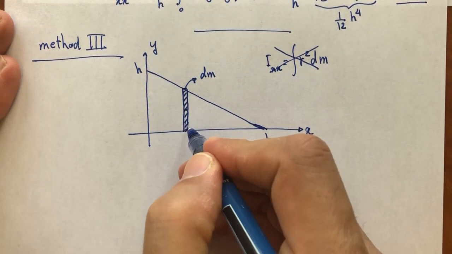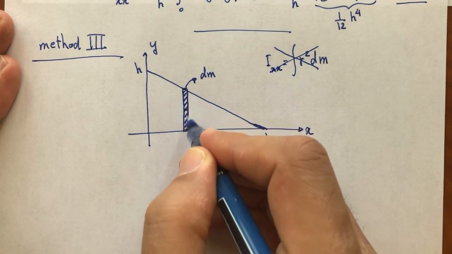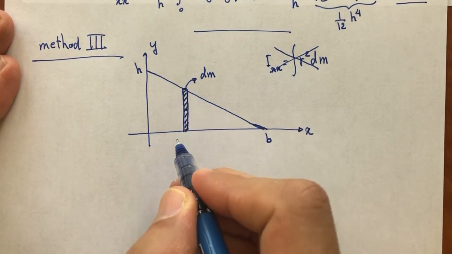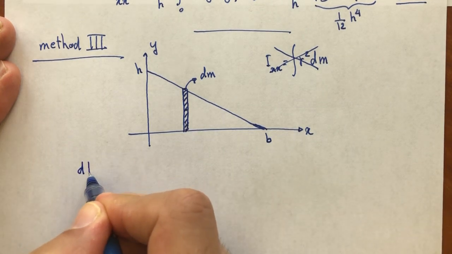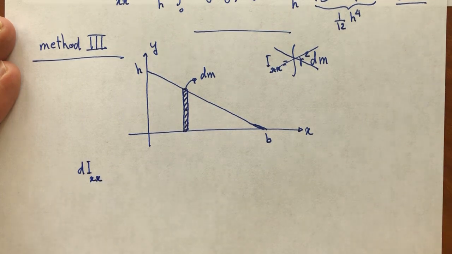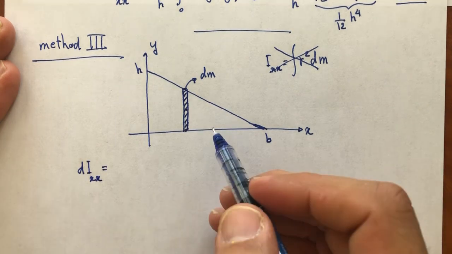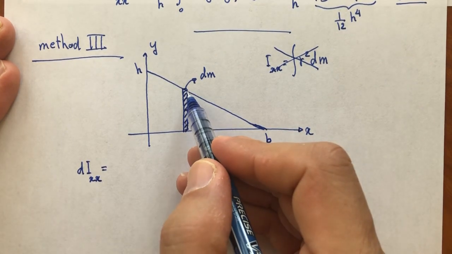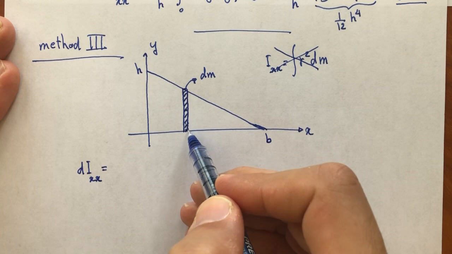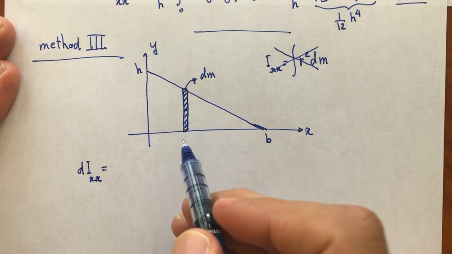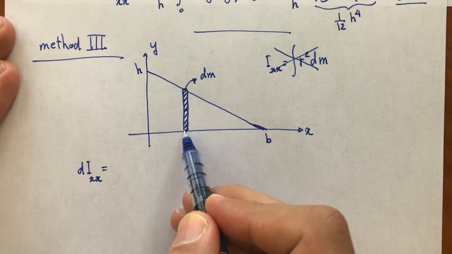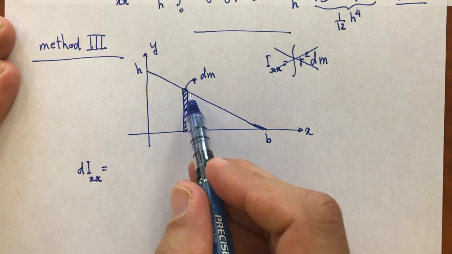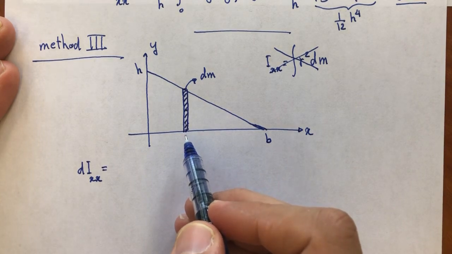I'm going to call the mass moment of inertia of this tiny element about the x-axis dI. dI_xx is equal to, if you remember from the previous examples that I solved here, the mass moment of inertia of a rectangle, of a rod in general, about an axis which is passing through the end of it and perpendicular to the rod, is 1/3 of the mass times height squared, right?